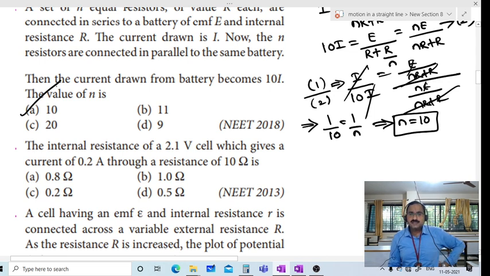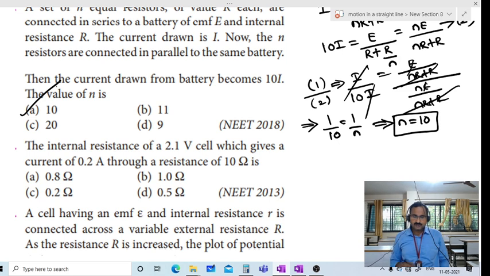The internal resistance of a 2.1 volt cell which gives a current of 0.2 ampere to a resistance, they are asking there. To calculate the internal resistance, voltage is there, current is there, and after that resistance is there. So what formula do you have to apply to solve this problem? V, I and R are there, but the internal resistance is required.